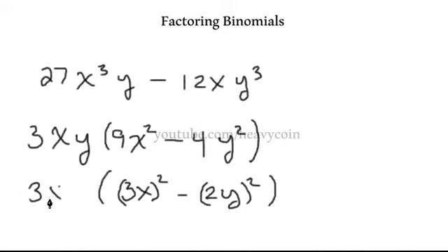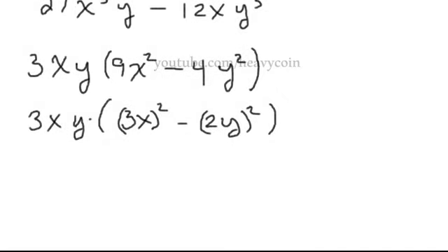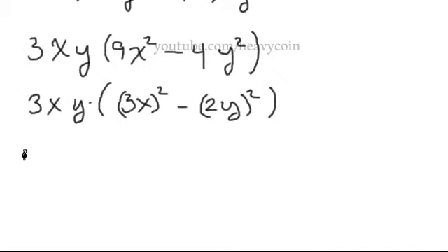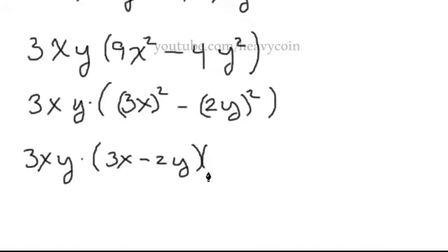And we're still rewriting what's outside here. So now we have 3xy times, so we have a 3x and a 2y, so that's going to be 3x minus 2y and a 3x plus 2y. And that's as far as we can go with that.